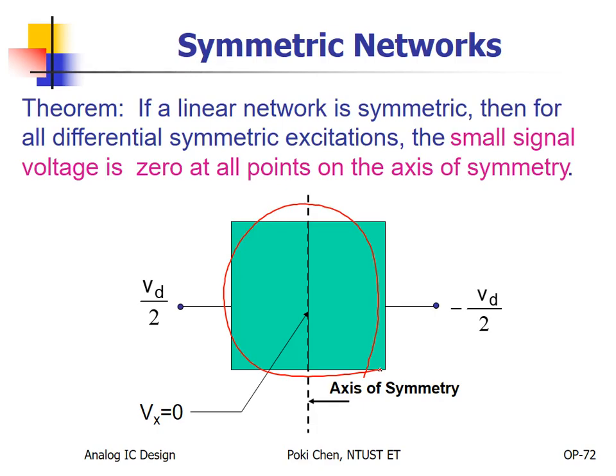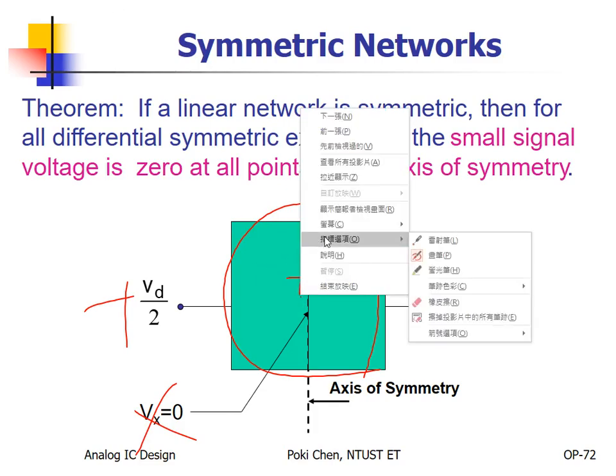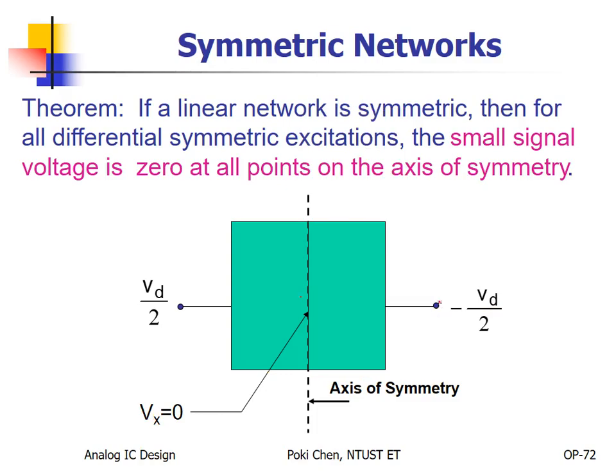Now suppose the middle is not 0, for example positive. Then it would look like this: 0 here, positive in the middle, negative there.